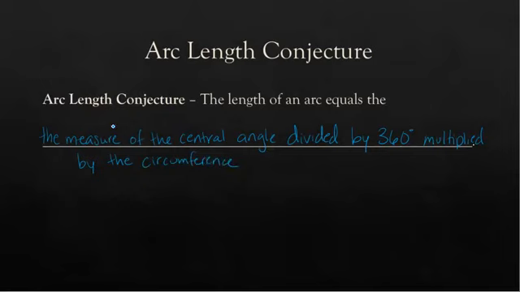So the arc length is the measure of the central angle divided by 360. Again, that's our fraction of the circle. And then we multiply that by the circumference.